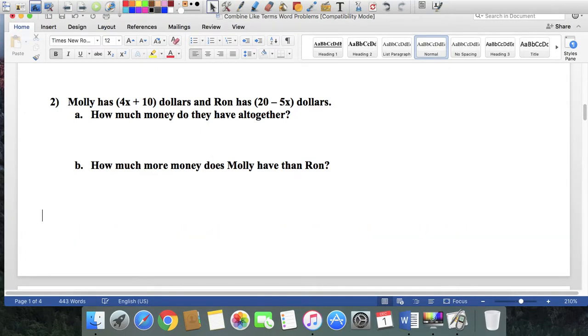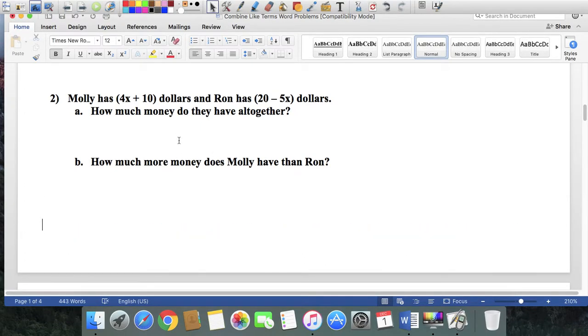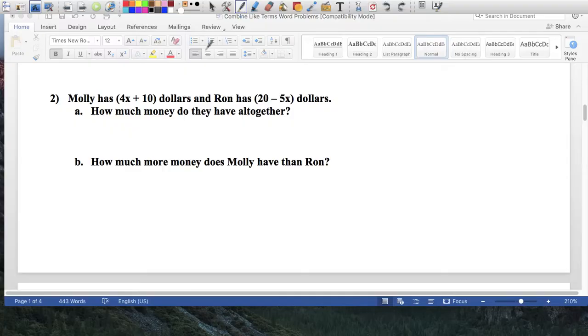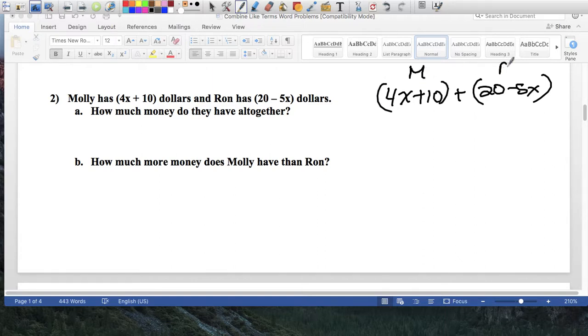We're going to repeat that same process, but with algebraic expressions. So let's see what this looks like. So Molly has 4x plus $10, so let's write that, 4x plus $10, and we're going to add that to 20 minus 5x, right? So I'm just going to put in parentheses. So this is how much Molly has, this is how much Ron has. Let's remove the parentheses. And in this case, because it's a plus sign here, we're adding, nothing's going to be changed.